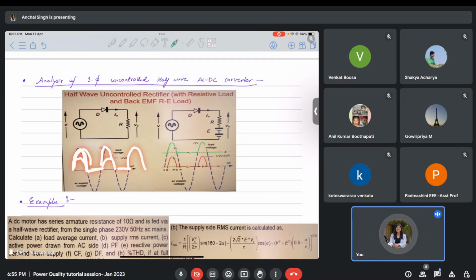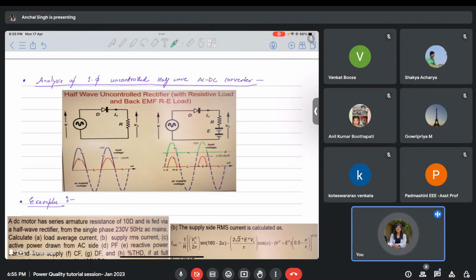And I know that I naught is equal to V naught by R. So the red waveform that is present here is I naught, right? This is easily obtainable. You just have to look at the circuit. You need to draw the input voltage waveform.